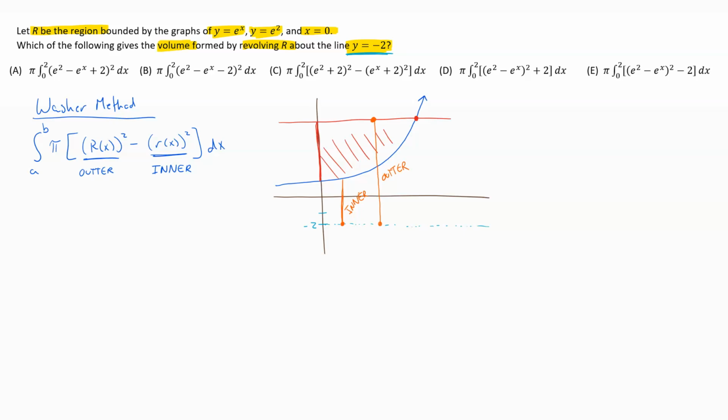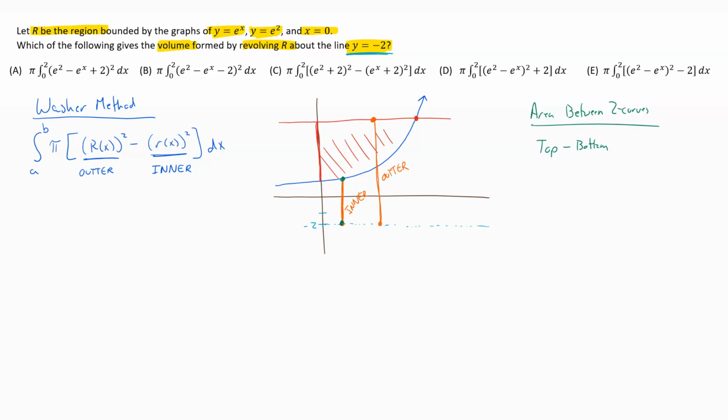If I can figure out an equation for the inner and the outer, those lines that I'm drawing right here and right here, then I can put those into my formula and I'm pretty much done. How you determine these comes back to the area between two curves setup. Whenever I want to find some gap, some line like this from here to here, that gap comes from taking the top equation and subtracting off the bottom equation.